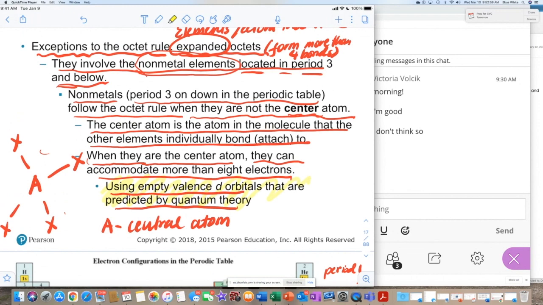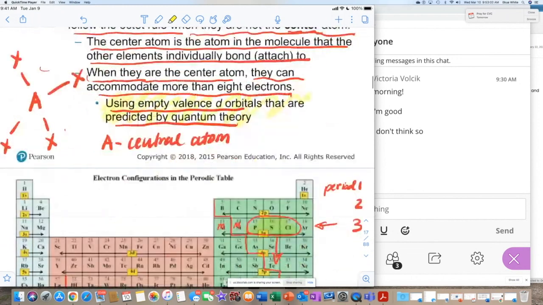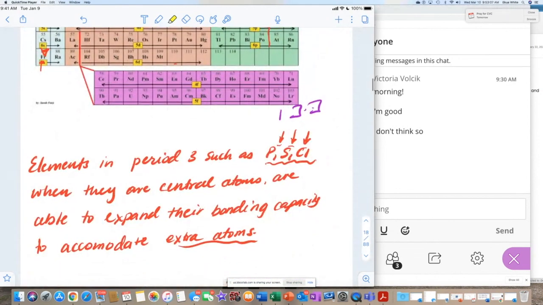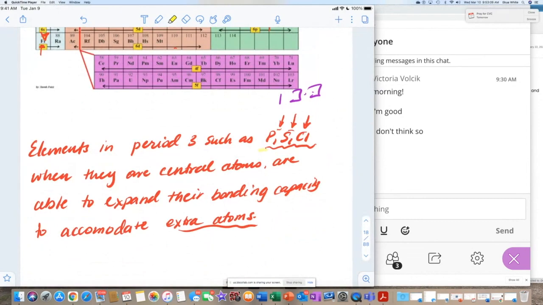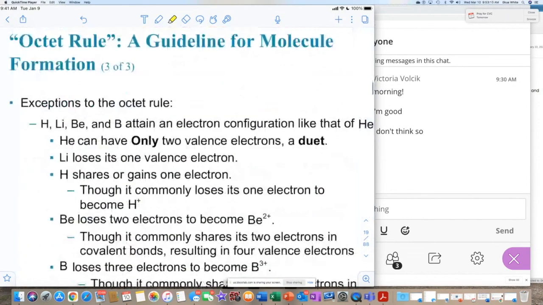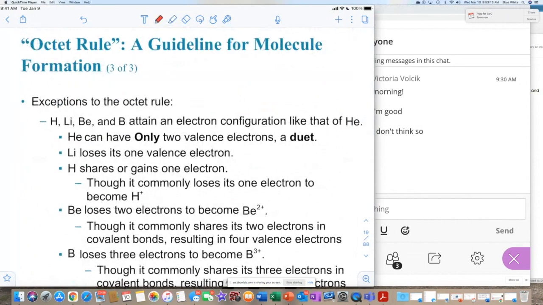We will focus on this in the next chapter, chapter 5. Okay, either 5 or 6, the other chapter. We will show how those elements, S, P, S, Cl, are able to use the d orbital to expand their bonding.